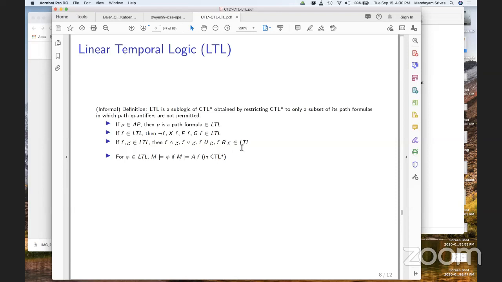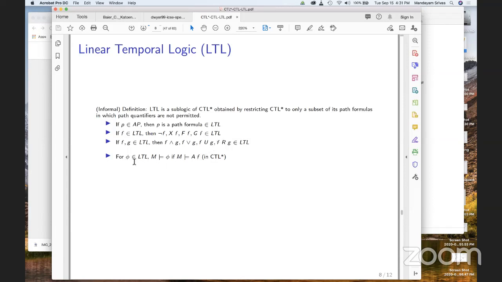So this is just the path formula subset of CTL star. The question is, we only define model checking at the top level. CTL star is a state formula, and we assume that there is an A or an E. So what does it mean to model check LTL, which are basically path formulas?